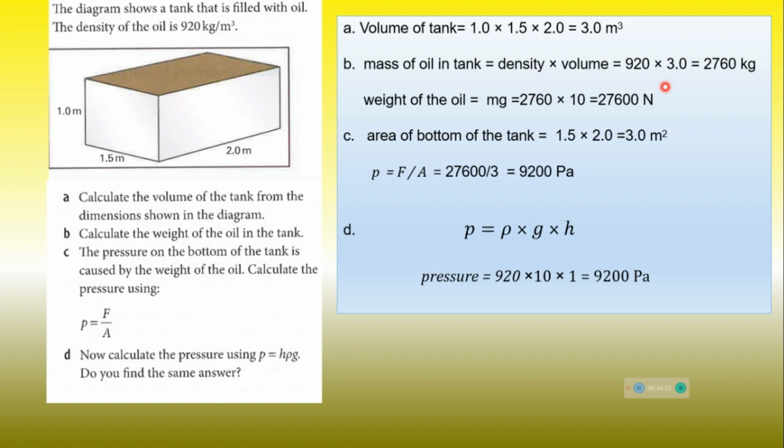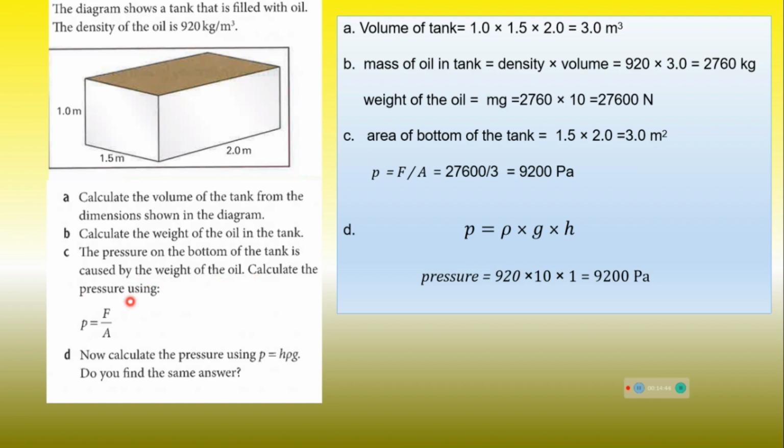Density is given and volume we calculated in section A. So it is 2760 kilogram and weight is 2760 multiplied by 10. We have taken the approximate value of g. The exact value of g is 9.8, but we can take 10 as the approximate value. This is 27600 Newton.